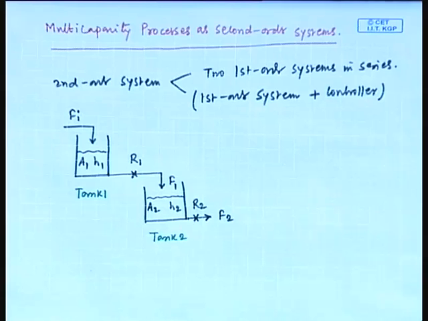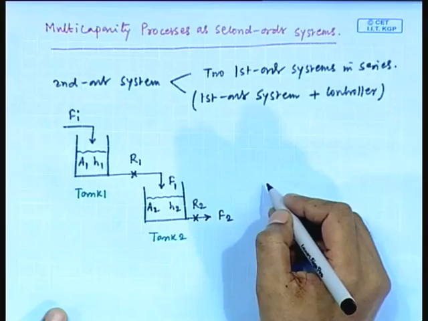Now, how the tanks interact with each other? You see tank 1 affects tank 2, but tank 2 does not affect tank 1, because the inlet stream to tank 2 is the outlet of tank 1. So, this is a one way interacting system.